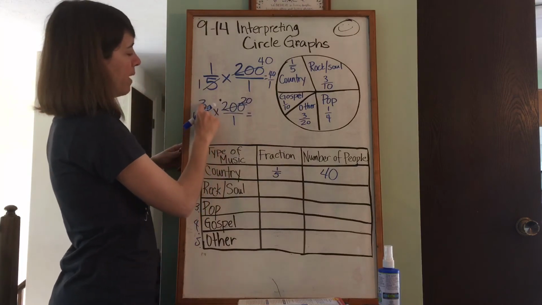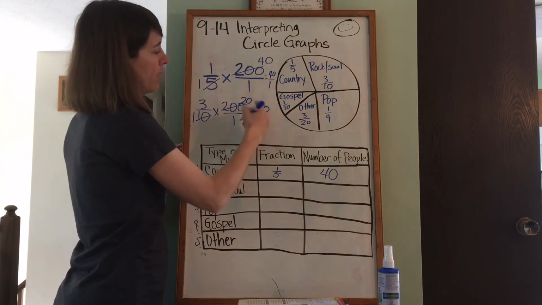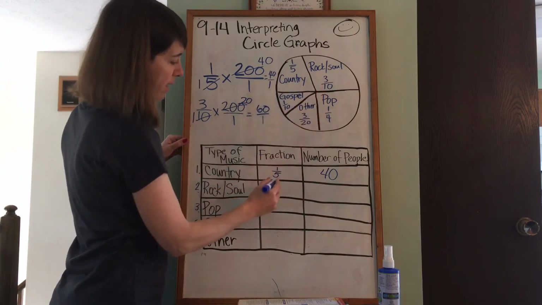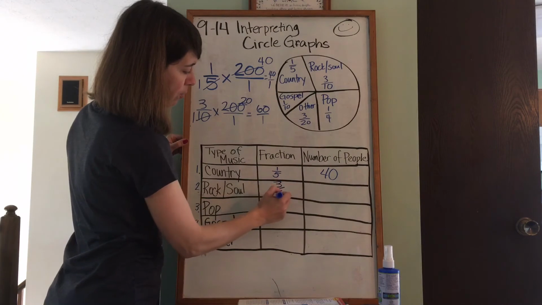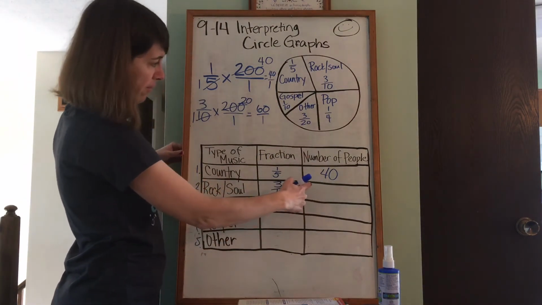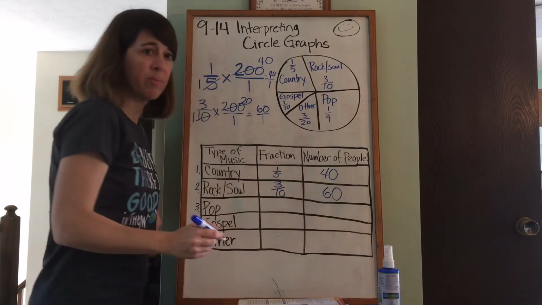And now we multiply. 3 times 20 is 60. 1 times 1, of course, is 1, and so that means 60. So rock and soul, it was 3/10 of the people surveyed, so there's what we put in our fraction column. And then the number of people that means is 60, as we determined by our multiplication.